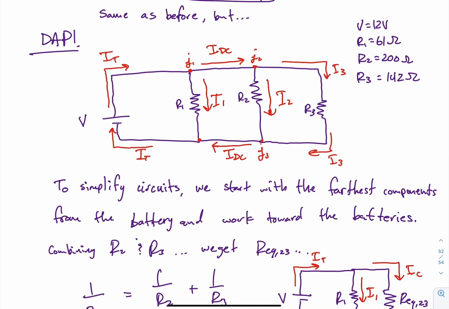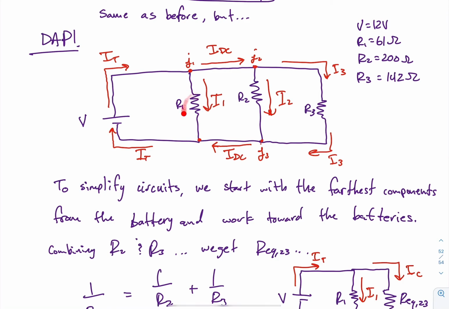So if we're following the current through resistor 1, I1 will go through resistor 1 and then back to the battery. That means I1 is going to have to dissipate all of its power, or in other words, transform all of its potential energy as it makes its way through the resistor. So we know I1 must return to the battery with no potential energy.